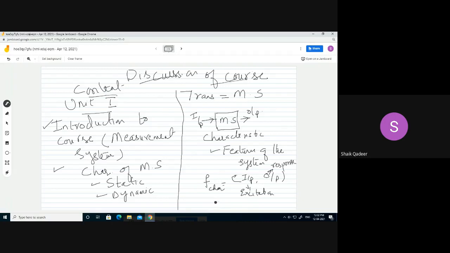That is the reason I have written over here that the function which gives characteristics is a set of input, output, or excitation, response. Hope it is clear to everybody.